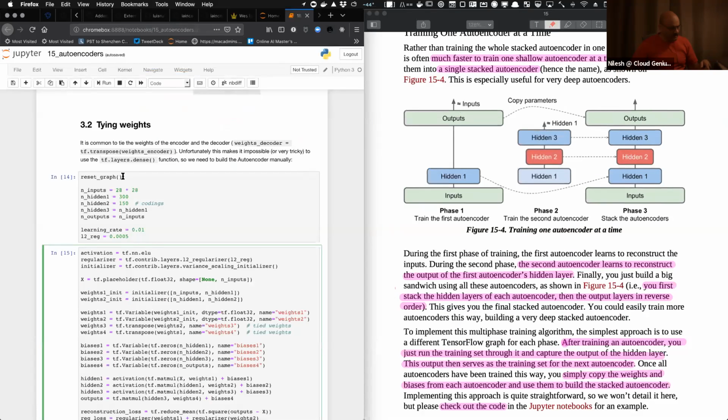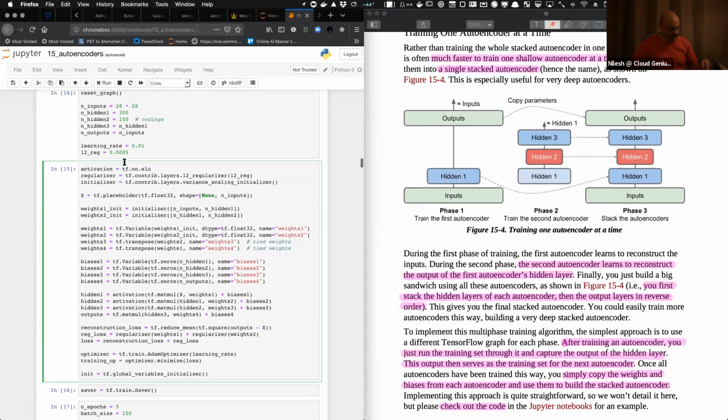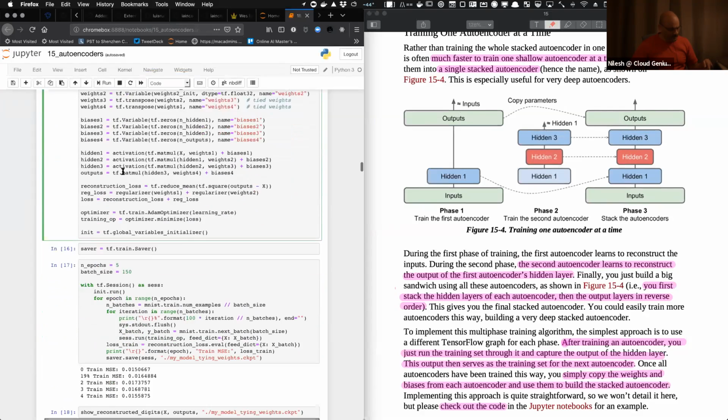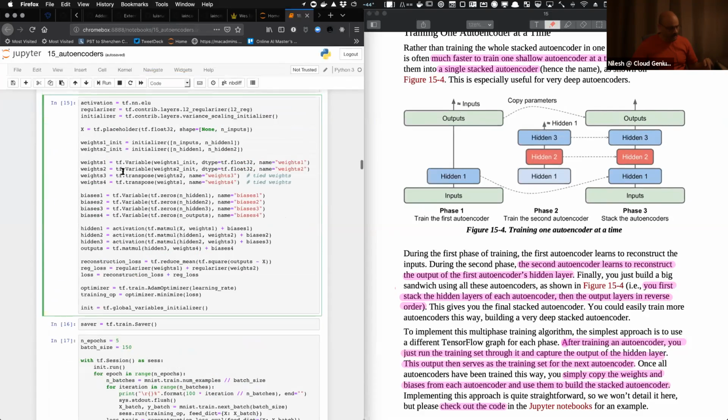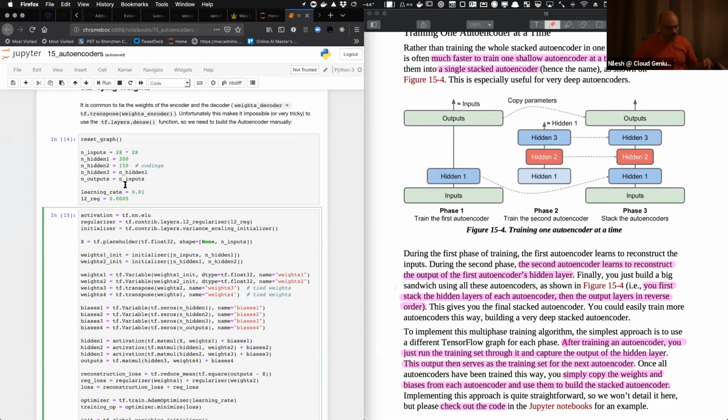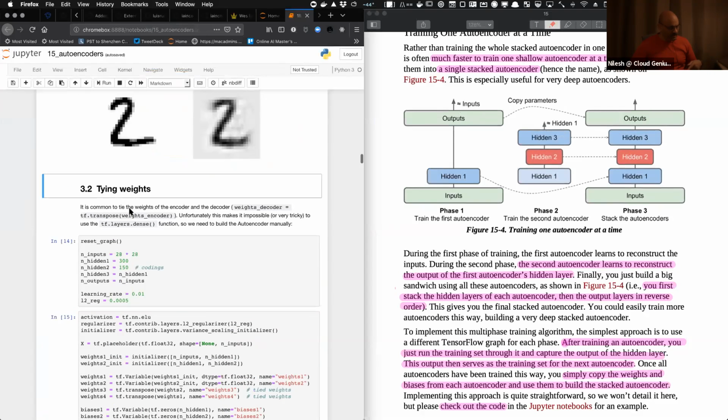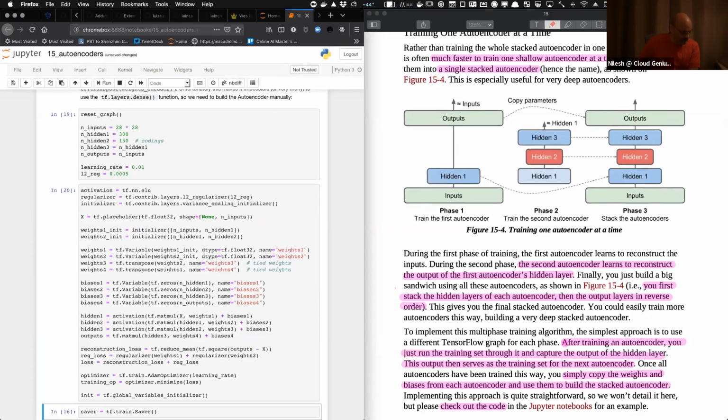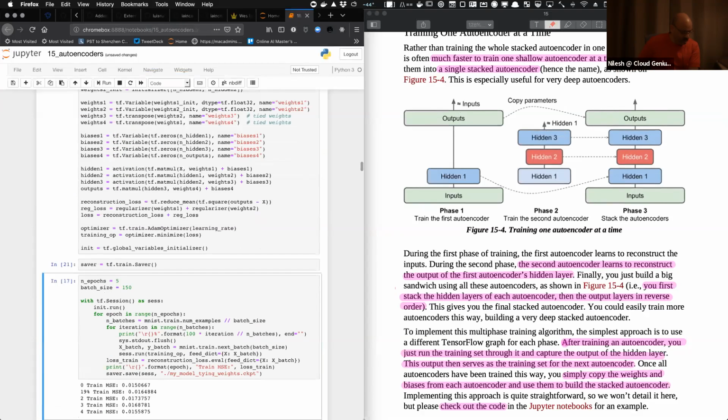Tying weights is implemented. Let's run this. So let's go run the tying weights segment. So I'm going to invoke that now, resetting the graph and initializing, saving our state, and running our training.